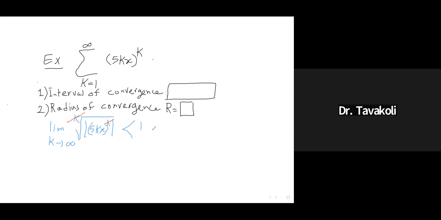I still need the limit sign because there is one k remaining, in the absolute value of 5kx. 5k is a positive number, so let me pull it out of the absolute value and just keep the absolute value with x.